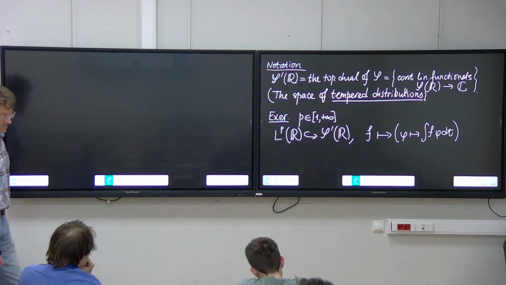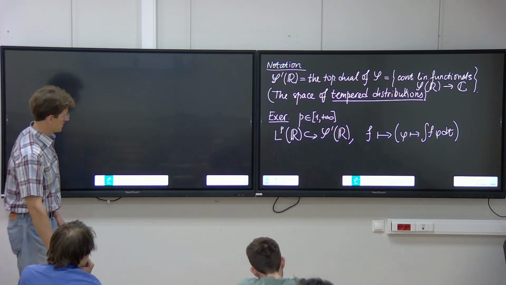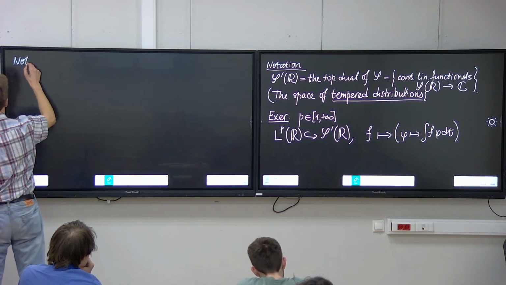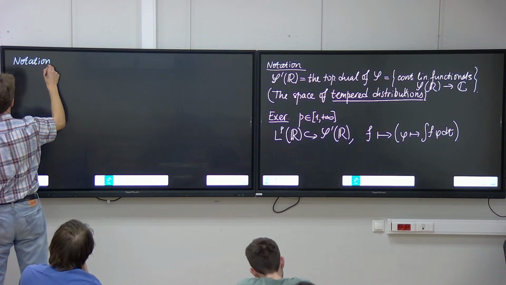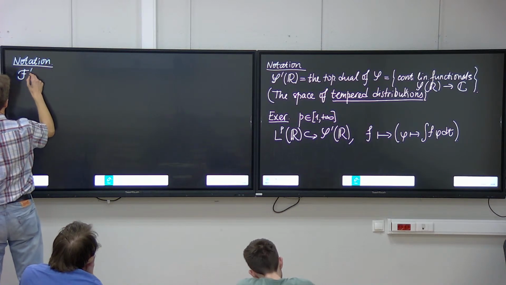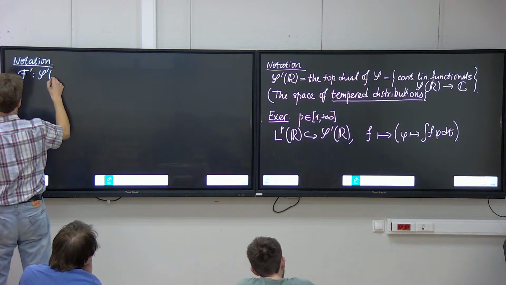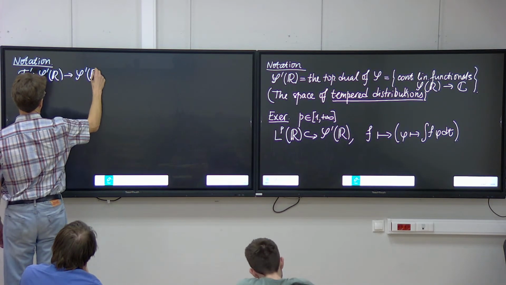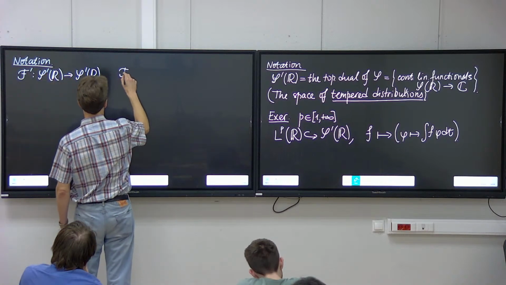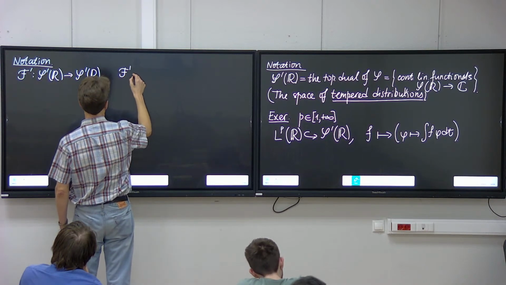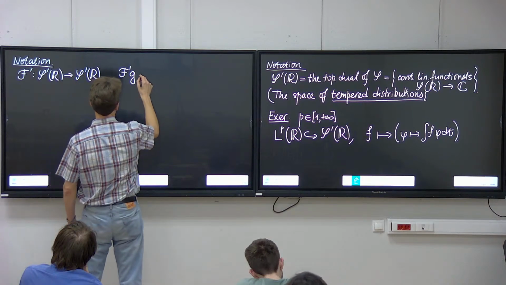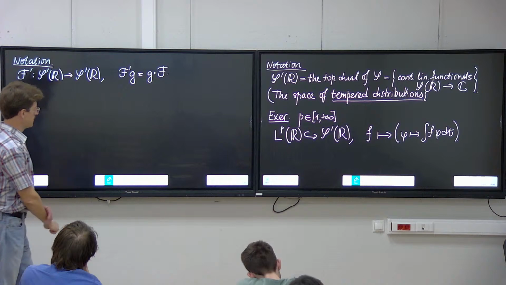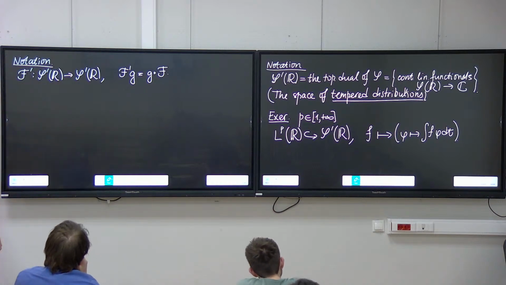We now extend the Fourier transform to the space of tempered distributions as follows. We give one more notation. We define F prime from S prime of R to itself by the following simple formula. It takes G to G composed with F. So in other words, F prime is just the dual map to the Fourier transform.